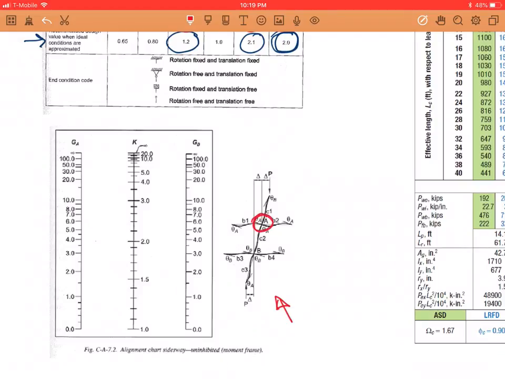And we would talk about, all right, given the properties of the beams and columns framing into joint A, we can calculate our G_A, which is equal to the summation of EI for the columns over the summation of EI of the beams, and we might calculate 3.0 for G_A.